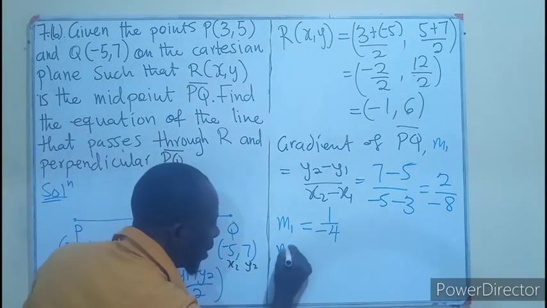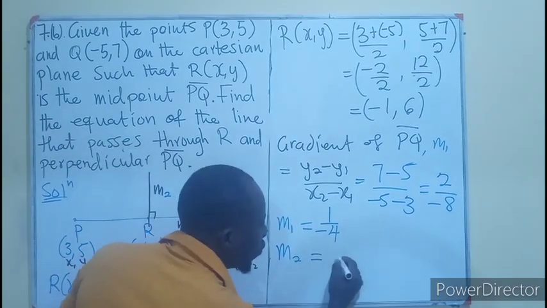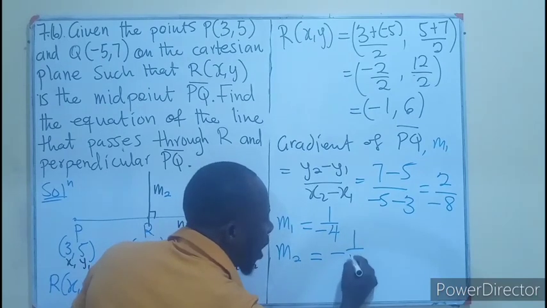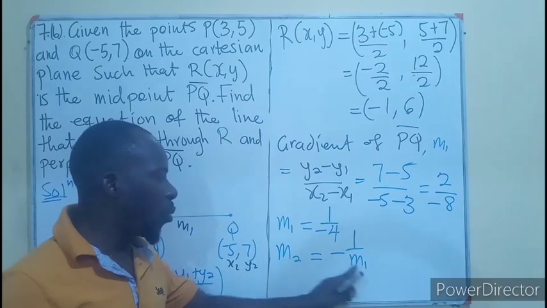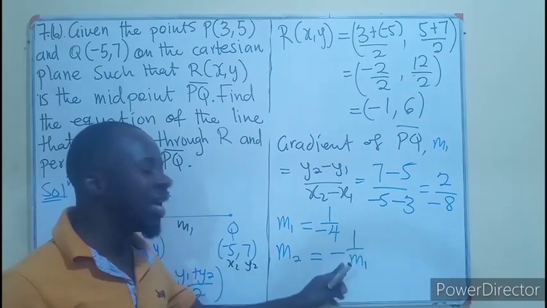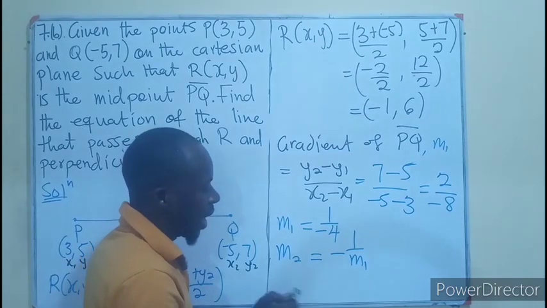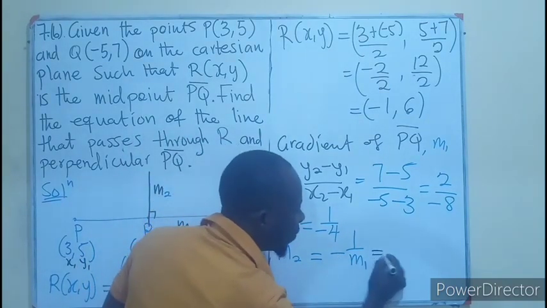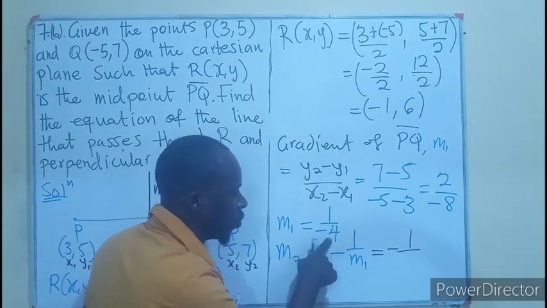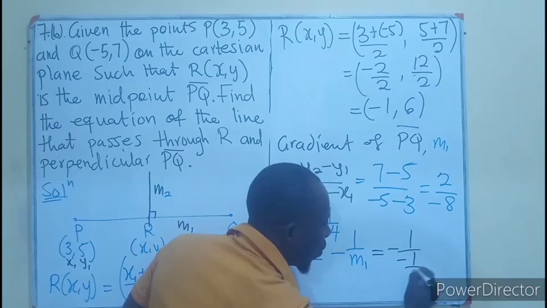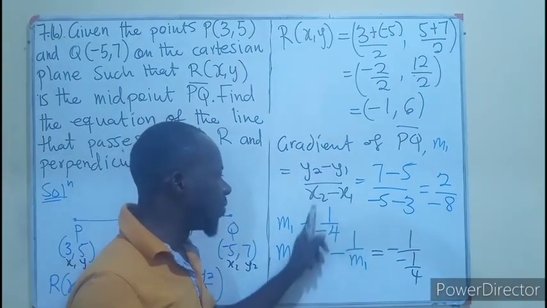That simply means the gradient of this perpendicular line is the negative reciprocal of the first one, or the product of their gradients must give negative 1. So negative 1 over m1, where m1 is negative 1 over 4.